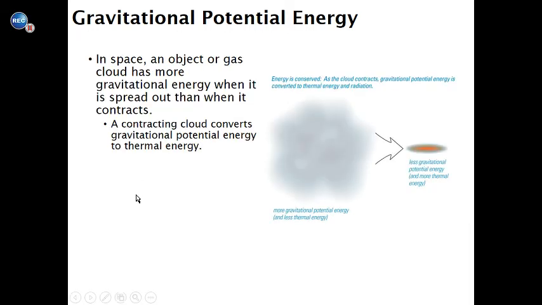In the universe, what that's going to mean is if you have a bunch of mass that's spread out, it has a lot of gravitational potential energy. It could collapse and speed up a bunch of particles. Here we have a gas cloud, let's say. This could be a light year across, and we collapse it down very quickly.